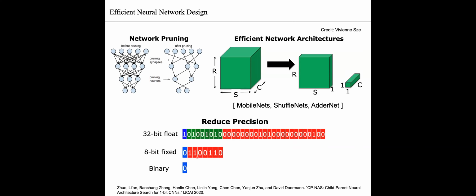In the extreme case, we can have binary neural networks, where you just use 1 bit, 0 and 1, or maybe -1 and 1, to represent the model weights, or the activation function, or maybe both. That can save a lot of computation and memory footprint. As a matter of fact, in this direction, we have a recent work using neural architecture search for these binary neural networks, which was published in IJCAI 2020.